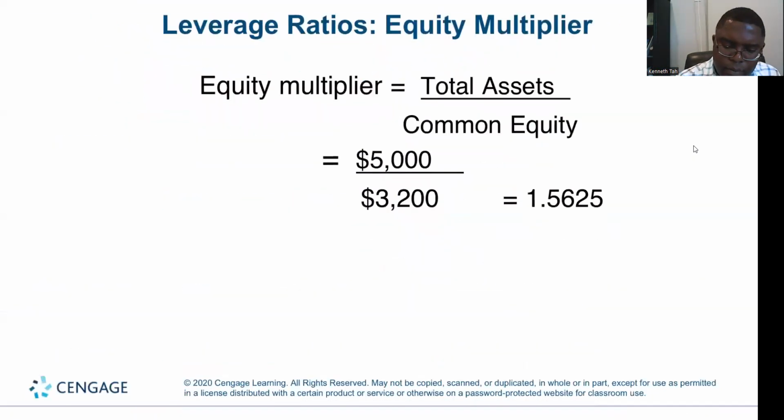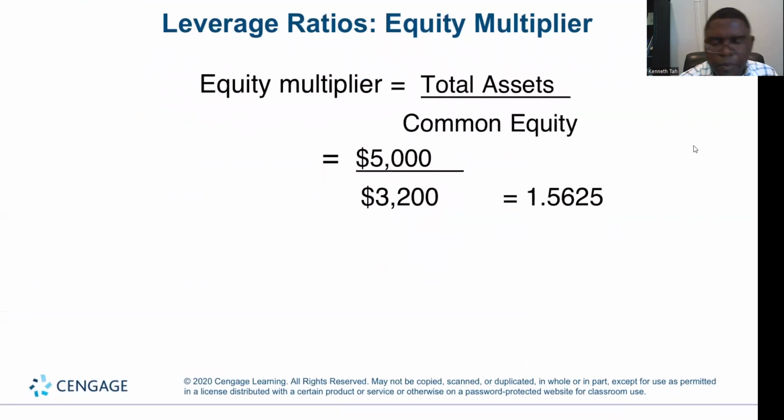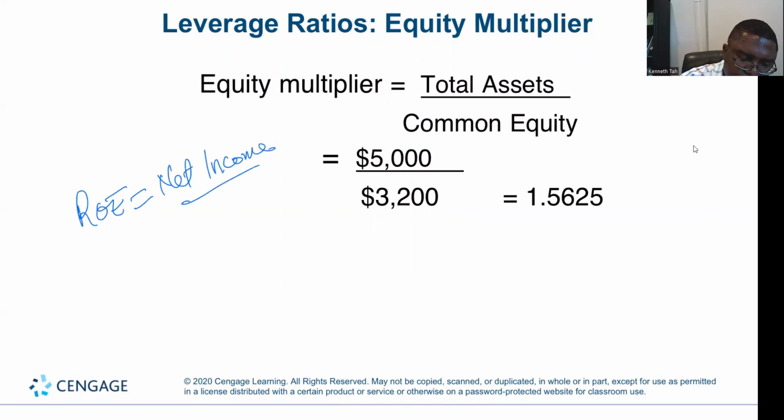All right. The next thing we want to look at is what we call the equity multiplier, or the leverage ratio. So the equity multiplier actually comes from the whole idea that return on equity is equivalent to net income divided by equity.